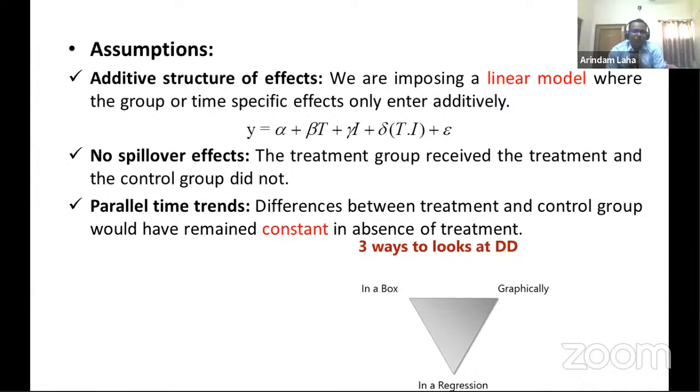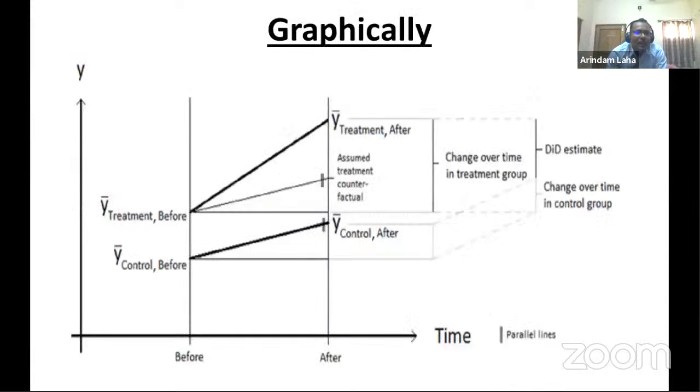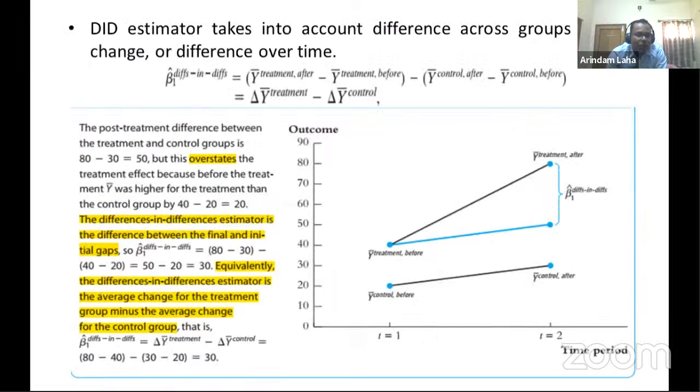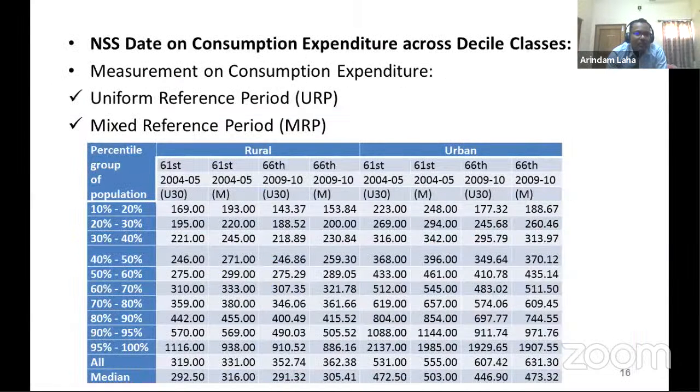Now, before this we had a discussion on difference in difference. As I have told you earlier, there are three different ways to look at the problem. We have already discussed the graphical representation of the problem, and representation by using a box, by using a bimatrix.